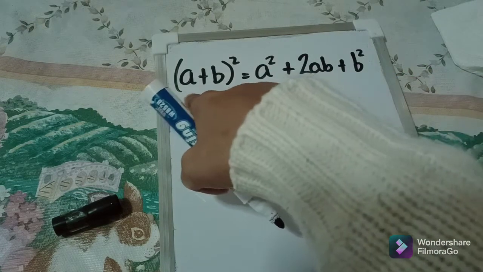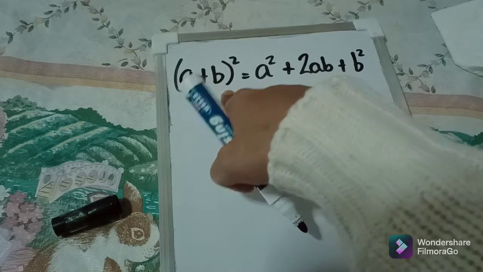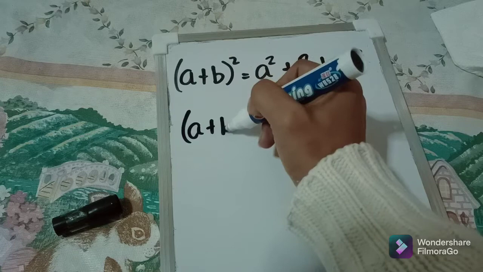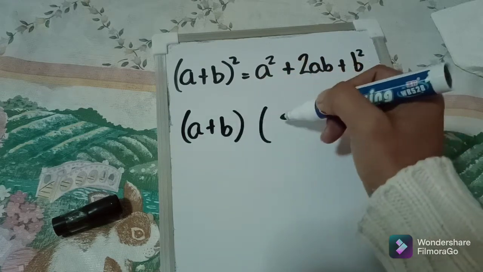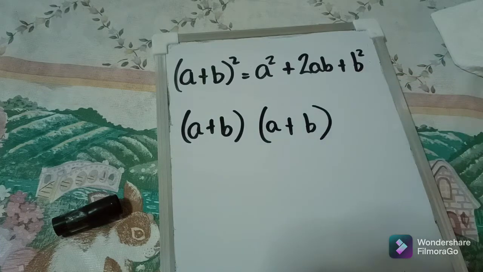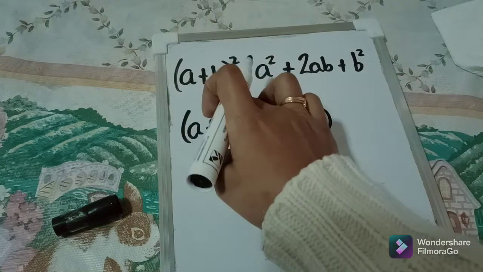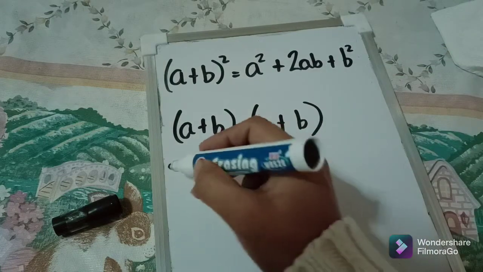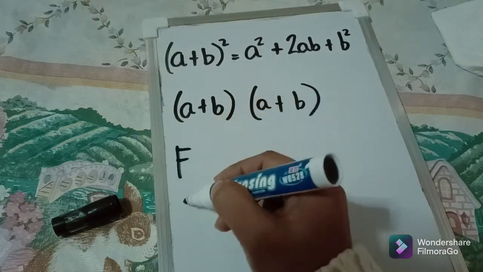What this means is that (a plus b) squared is a plus b multiplied by another a plus b. It should multiply by itself. So we have here what we call FOIL.